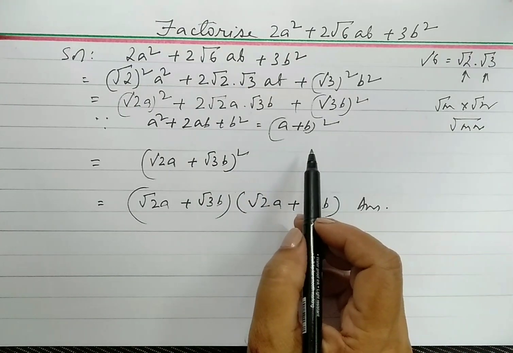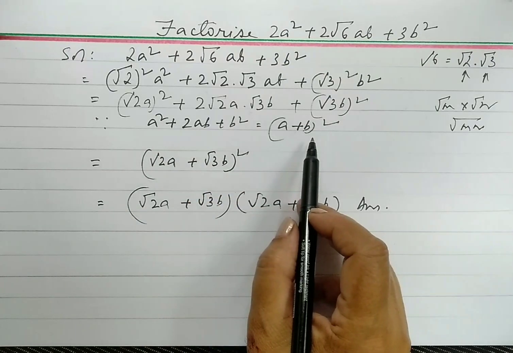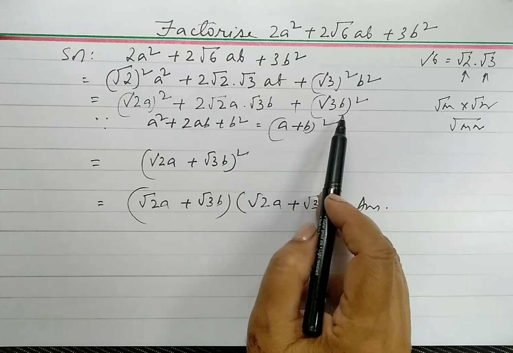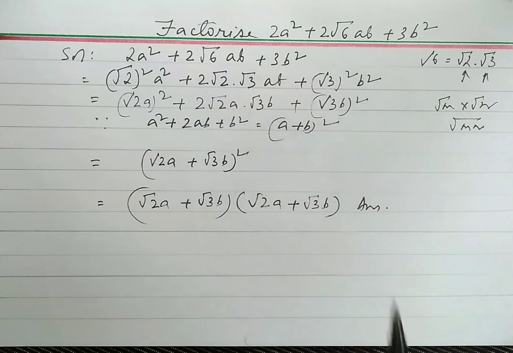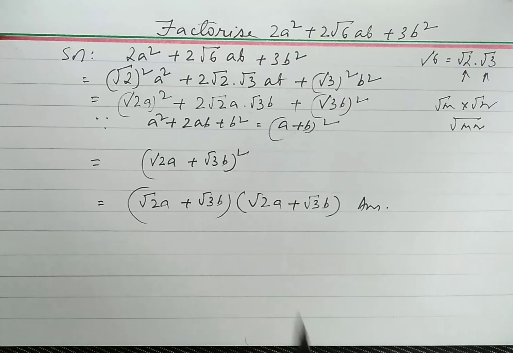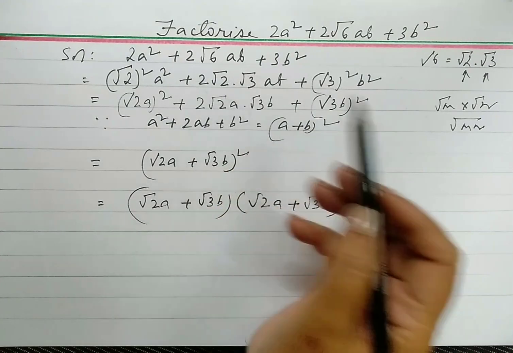So coming to here, the identity that we used applied very much to this, and hence we were able to resolve the factors of this above. Alright, so this was easy in a way, just that you had to unlock this.